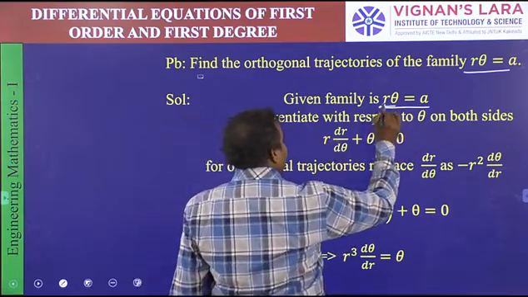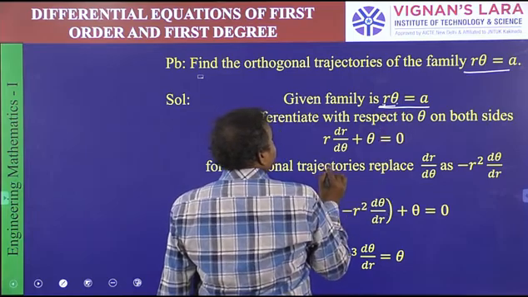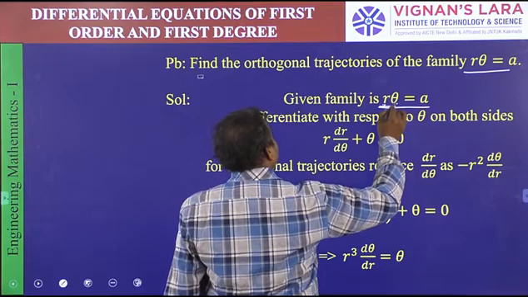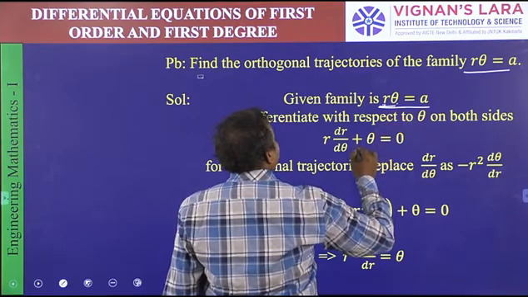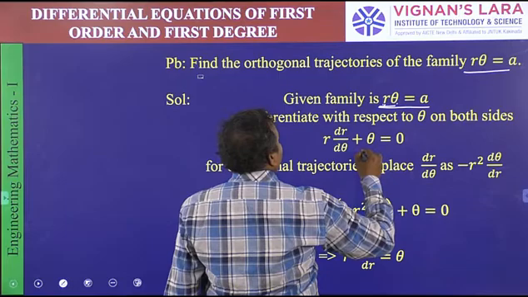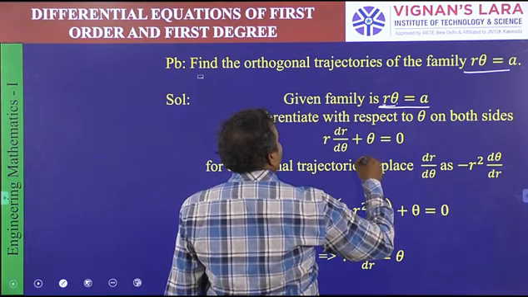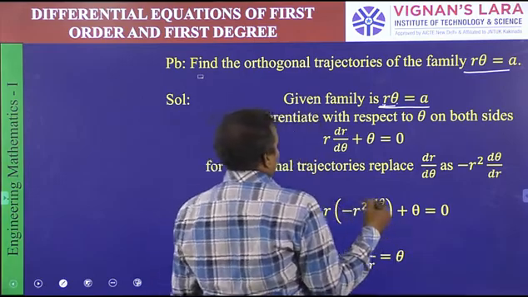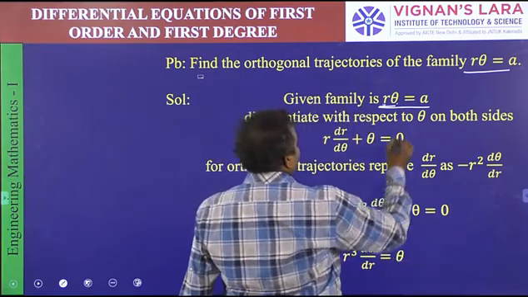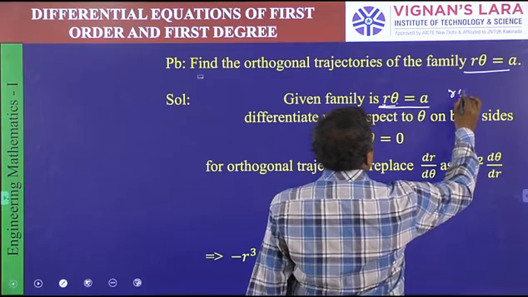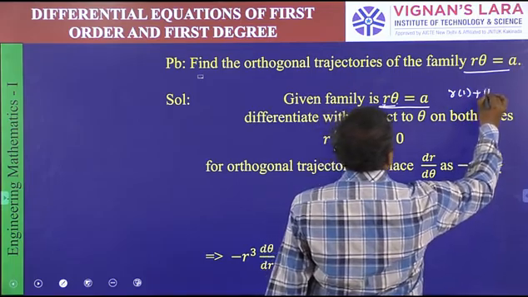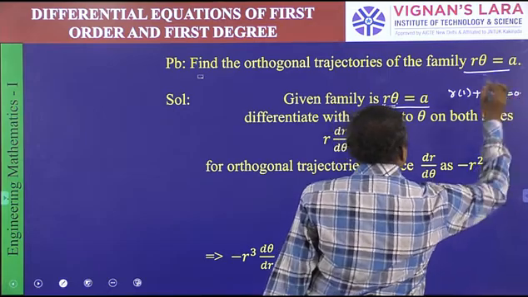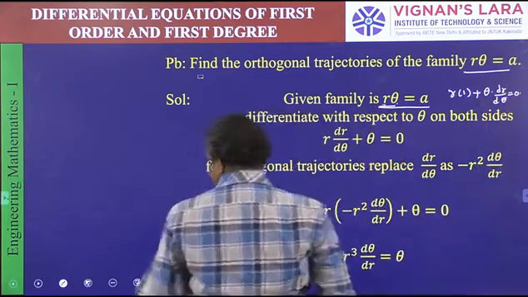Then the u v formula: u into derivative of v plus v into derivative of u. So r into theta derivative, 1, plus theta into dr by d theta is equal to 0. That equation we will get.